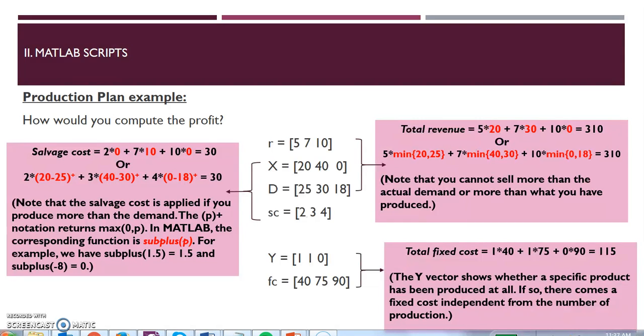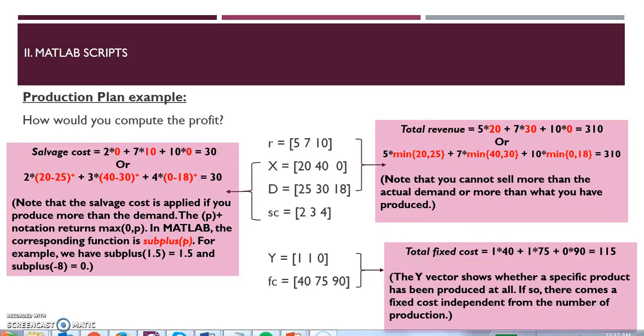Now, how do you write this mathematically? Remember that as a human being, we simply compared the elements of x and d to decide how many products have been really sold. For MATLAB, we have to come up with a mathematical expression that correctly computes this value. It is easy to do that.